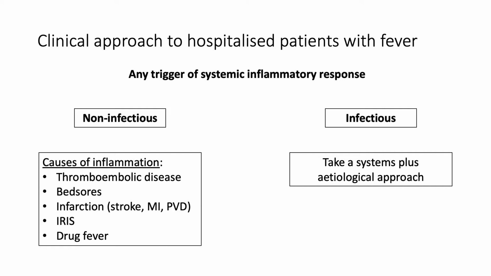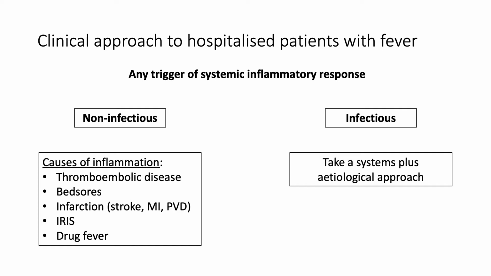But understanding that an inflammatory response can lead to a fever, you can imagine that there's lots of causes, both non-infectious and infectious. So in our approach, I'm going to start with just listing the important non-infectious causes, which are just things that you're going to have to remember. And these are very common and need to be looked for in almost all patients.